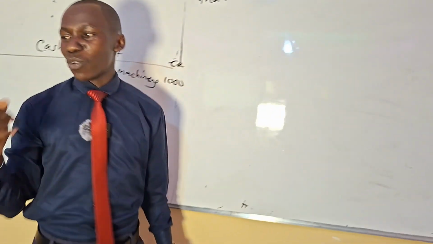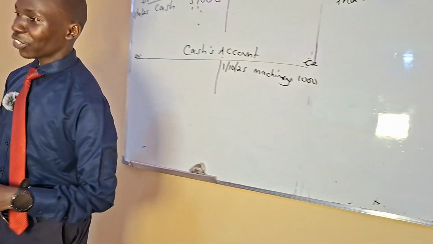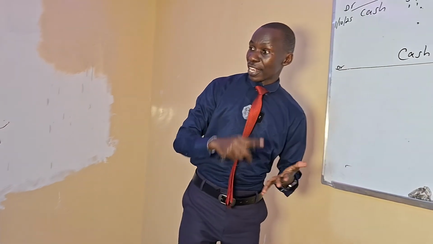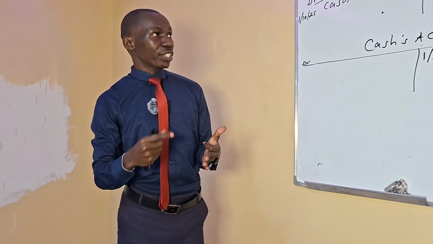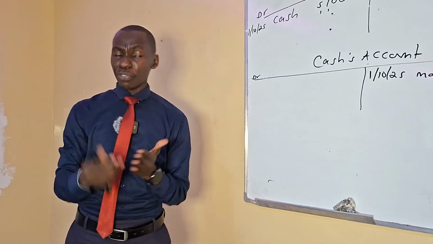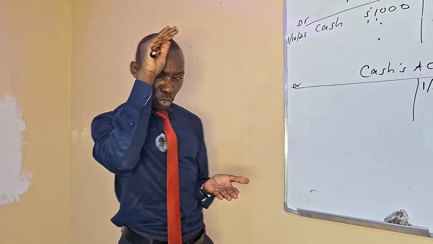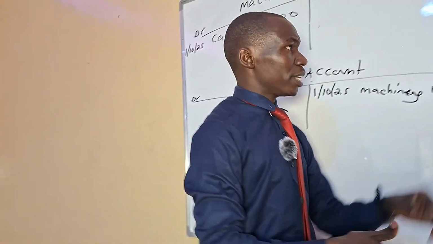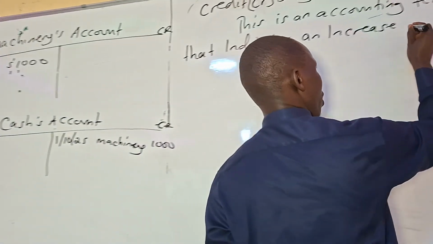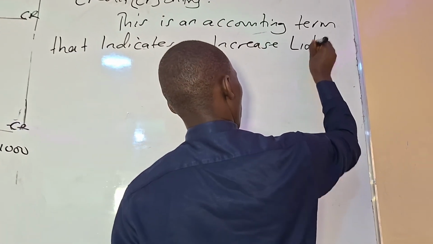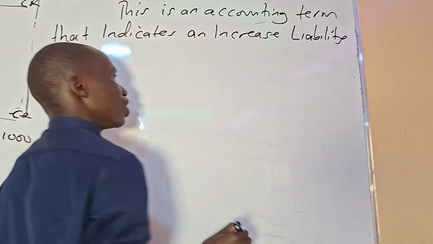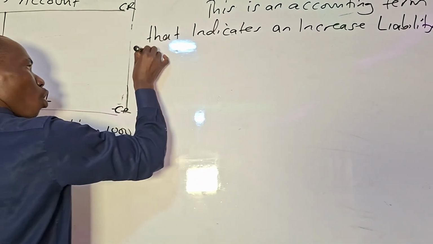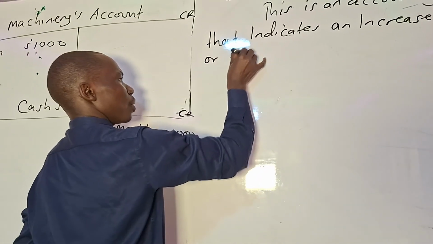Don't forget our accounting equation. Our accounting equation had assets, liabilities, and equity. We said we debit if the asset is increasing, and we credit it if it is reducing the asset. But still, for liability, if liability is increasing, we credit an increase in liability or equity.